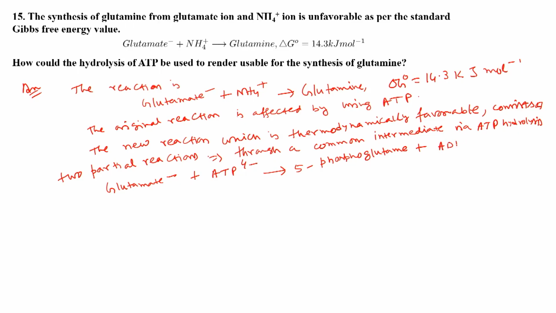ATP converts into ADP 3 minus, and 5-phosphoglutamate reacts with NH4 plus, gives glutamate plus phosphate minus.